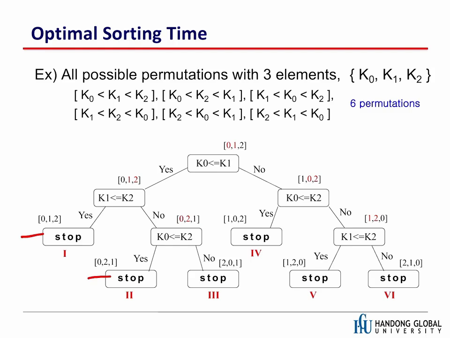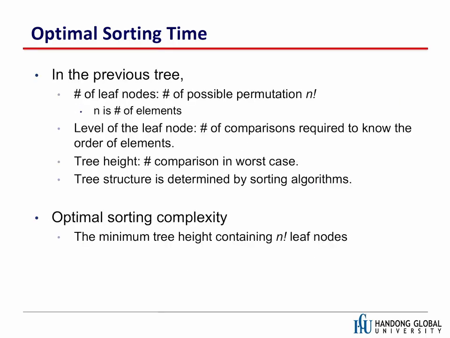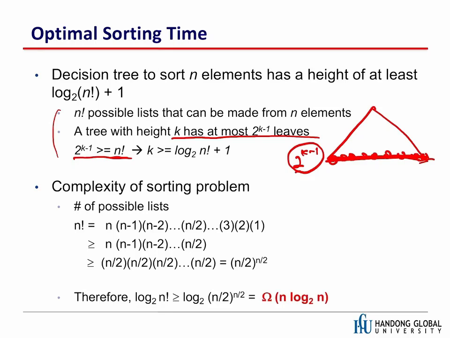So we have all the permutations in the different layers. So at least this last layer should be larger than or equal to n factorial. Maybe we might have some permutations somewhere in the middle of the tree, but the maximum number of leaf nodes of this layer is 2 to the power k minus 1. That should be larger than n factorial.